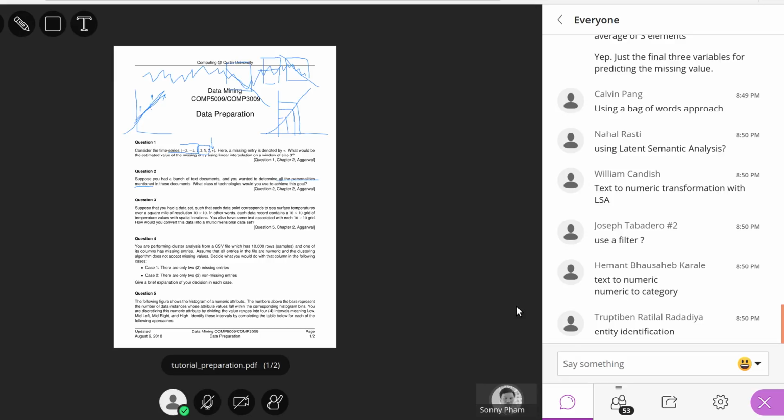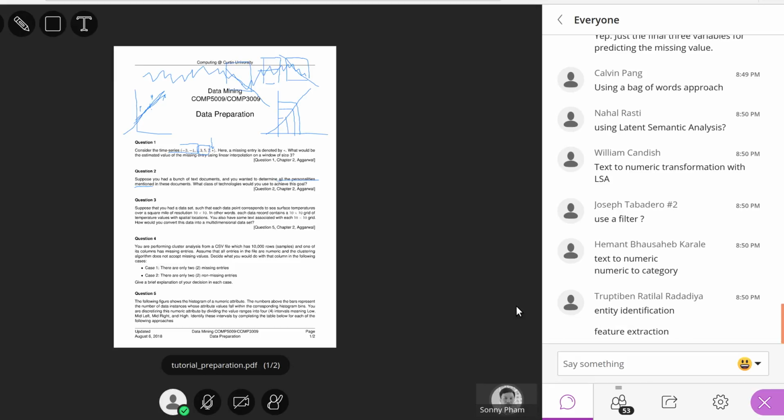Do you know a better word for that? In the field of natural language processing, this is used a lot.